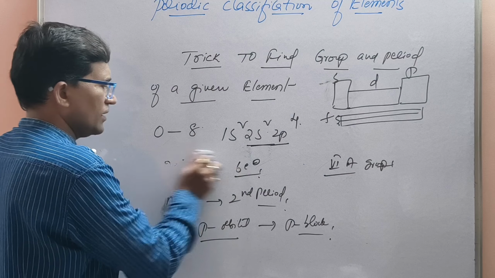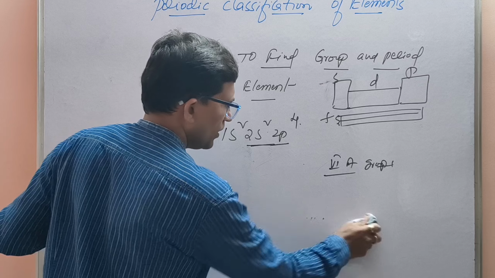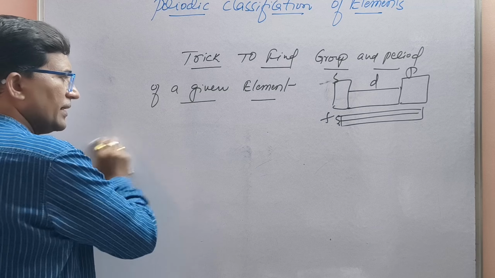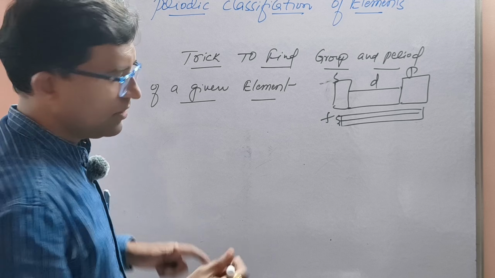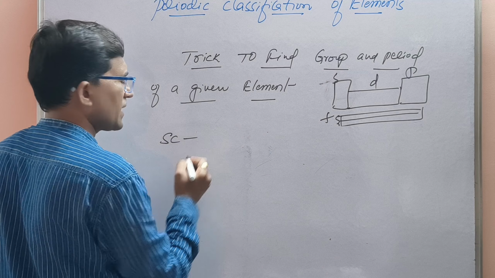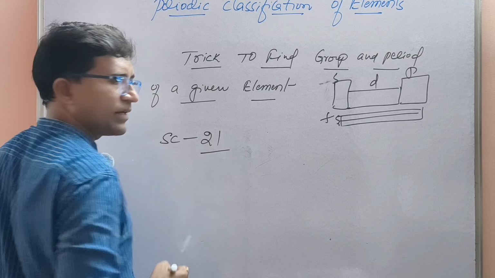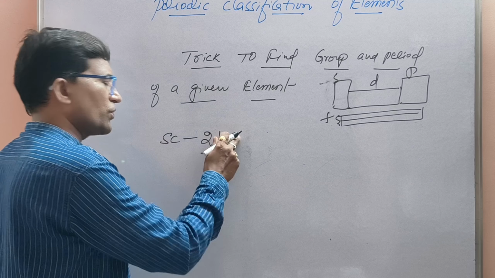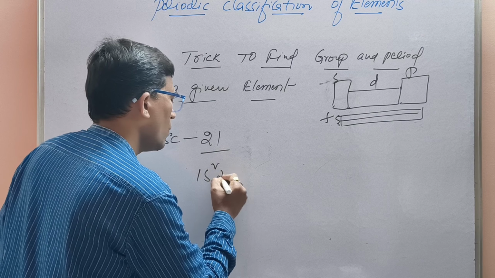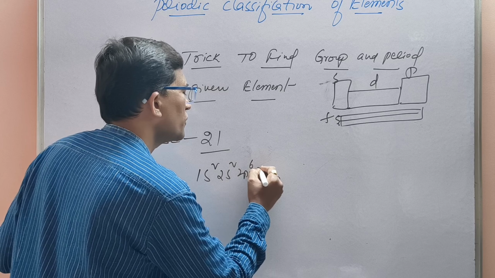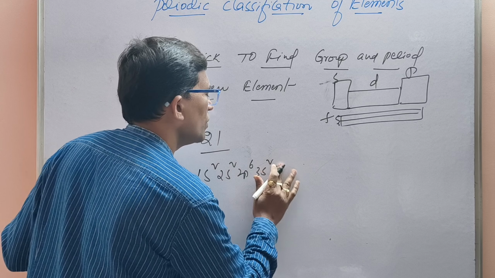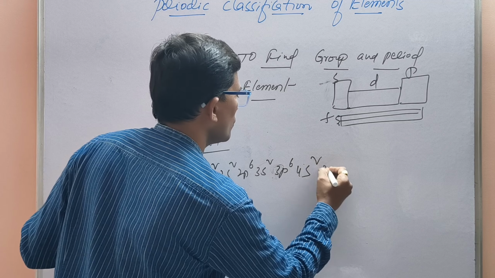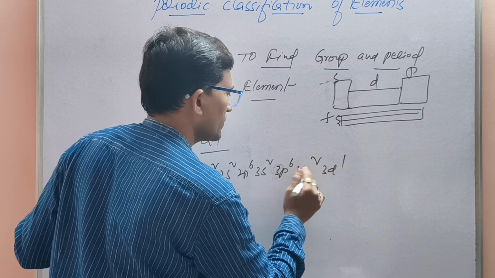Next, I will give the example of a higher element, scandium. Scandium atomic number is 21. You should know the atomic number. Its configuration is 1s2, 2s2, 2p6, 3s2, 3p6, 4s2, 3d1.